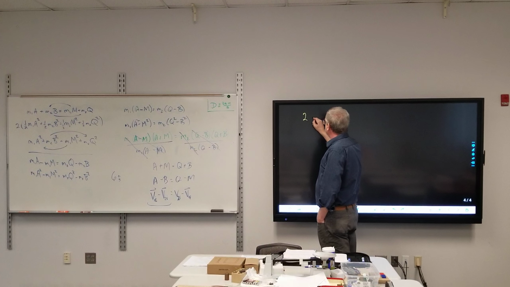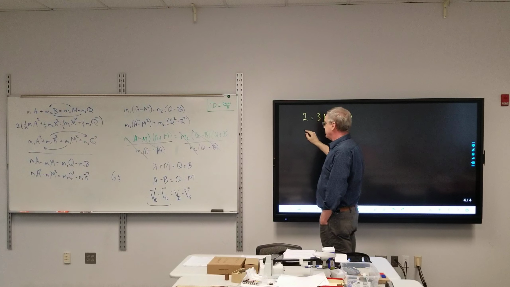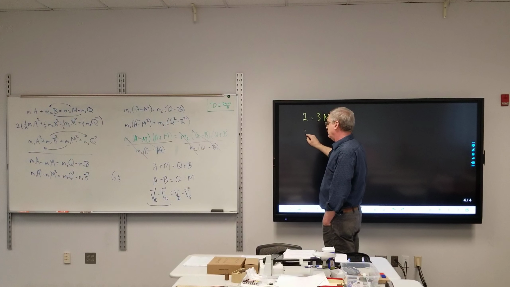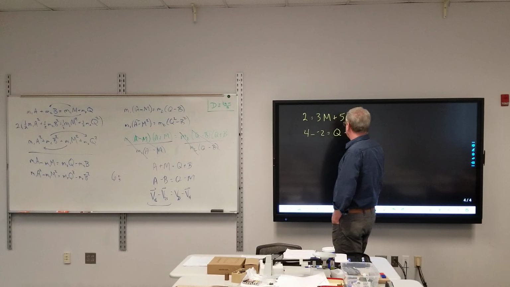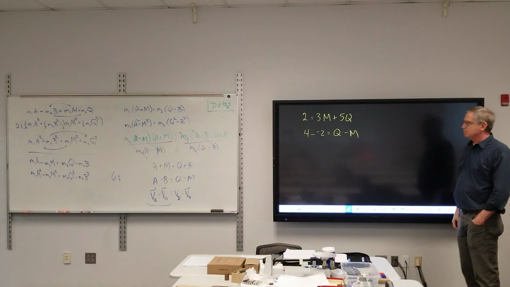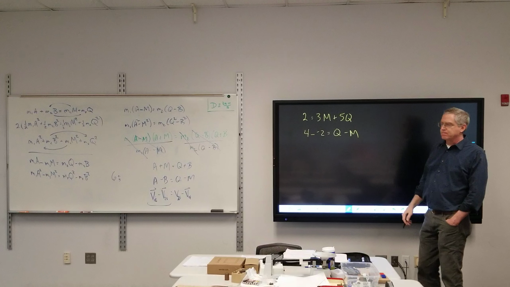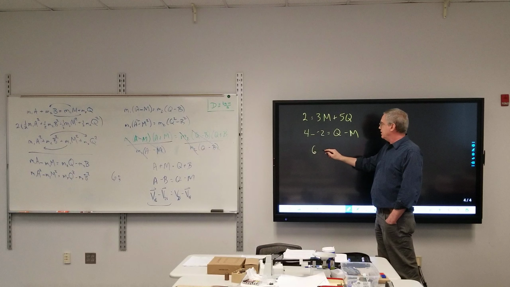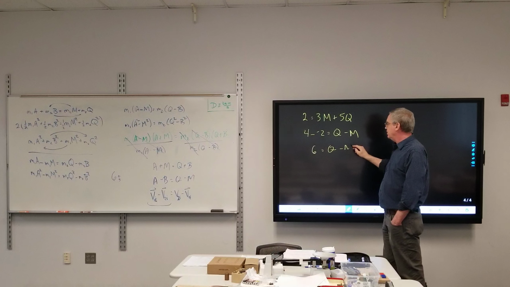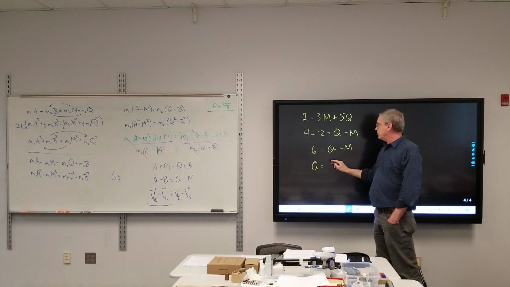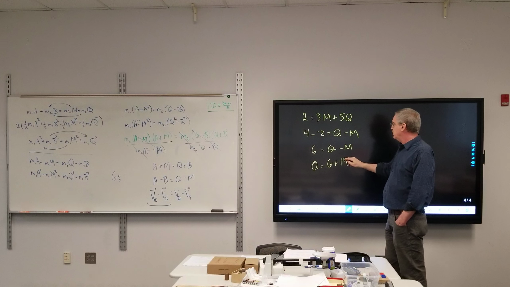So I have 2 is equal to 3m plus 5q, and then I've got this equation here, which was 4 minus negative 2 is equal to q minus m. Six is equal to q minus m. Q is equal to 6 plus m.